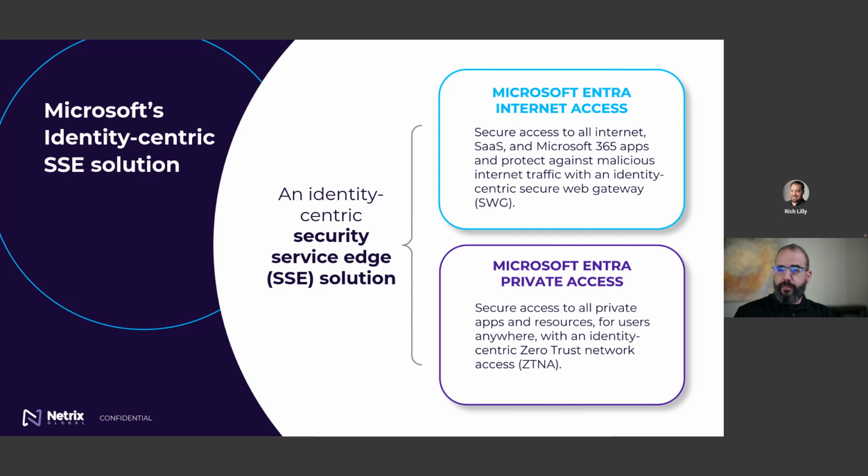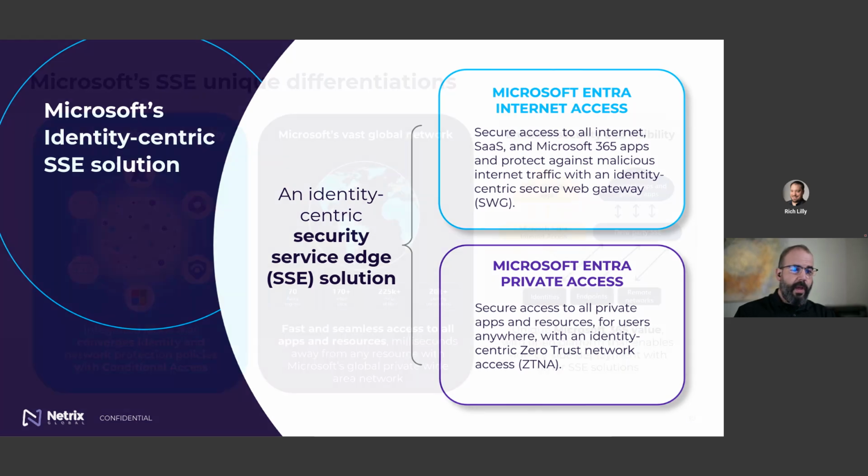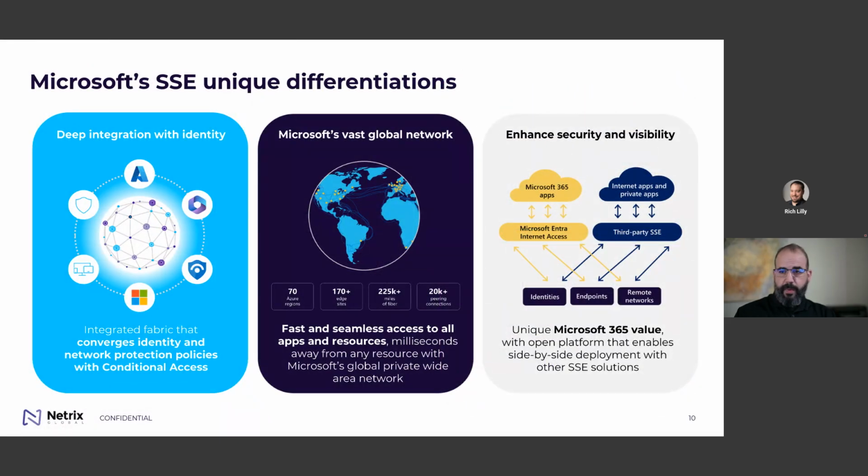Now we'll drill in a little bit further here, to some of the unique differentiations and some of the detail on each of these services. Microsoft really calls out a couple of different pieces that make this approach unique compared to some of the other SSE platforms that you may be aware of. So first, we're tied into conditional access in this unified way that we've been talking about.